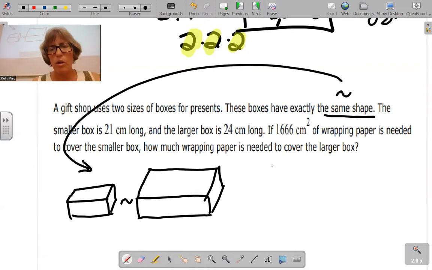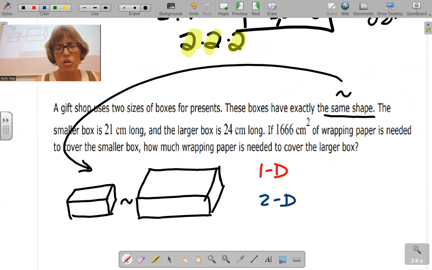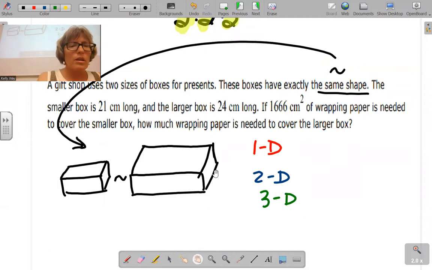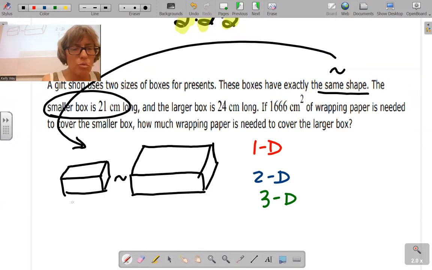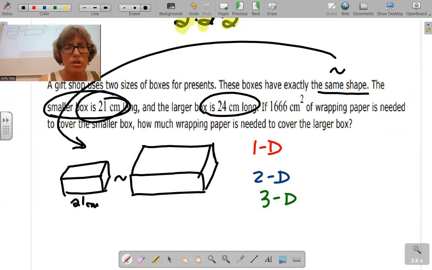Immediately, we are going to write right here: what are your 1-dimensional, 2-dimensional, and 3-dimensional ratios? It says the smaller box is 21 centimeters long. The larger box is 24 centimeters long.